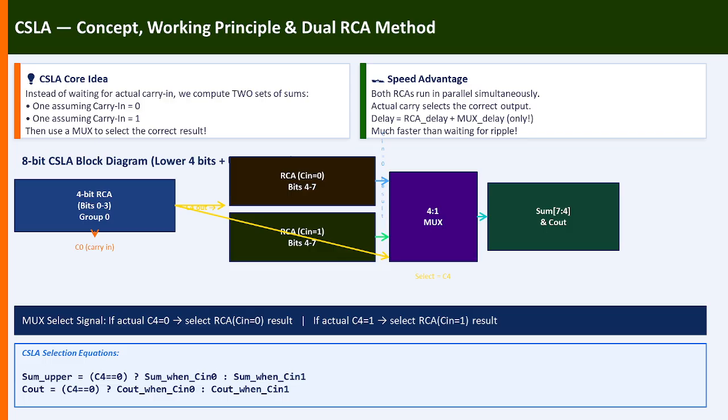Like that it was working, right? So it creates a delay. If your input is 32-bit, then obviously it becomes very slow, right?